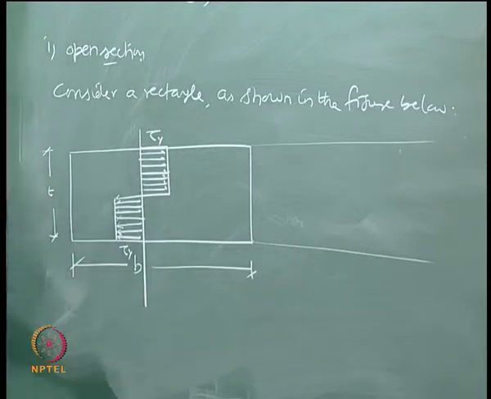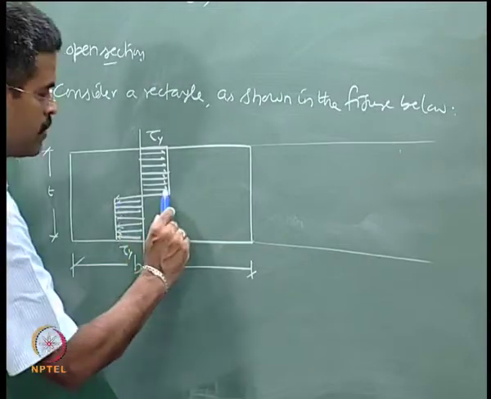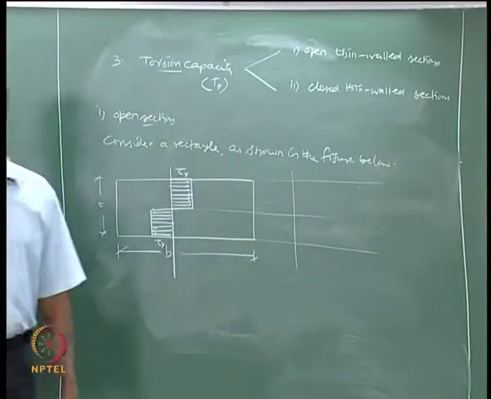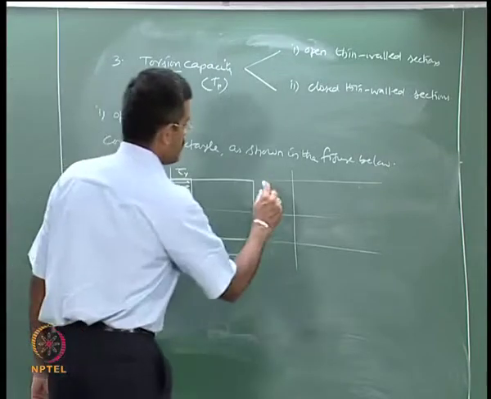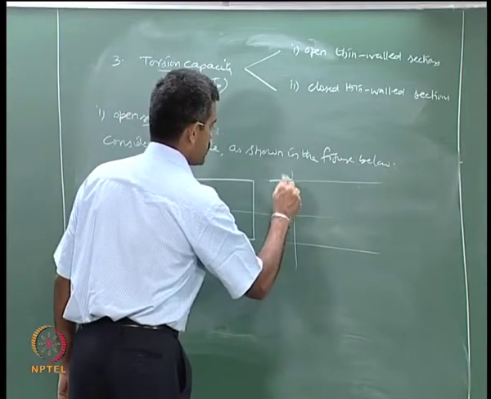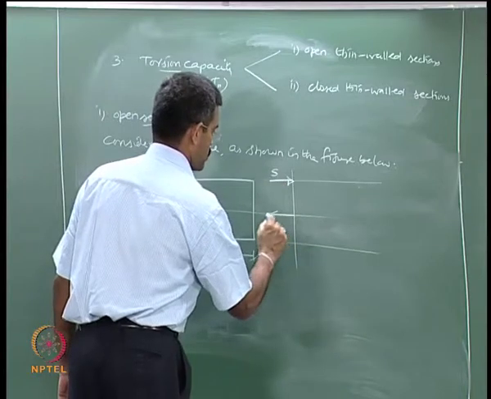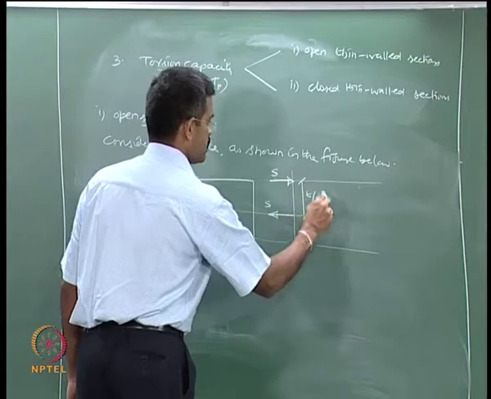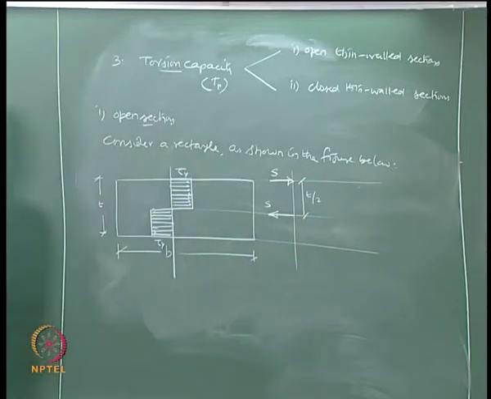The shear in the extreme fiber is fully the same. So, let me pick up the value here and draw a section and say that my shear in the top fiber is S and the bottom is also S, and this is separated by a distance T by 2, is it not?